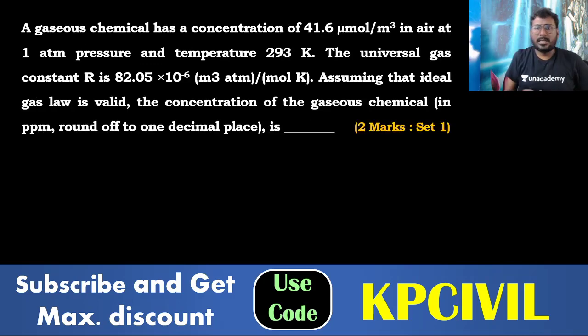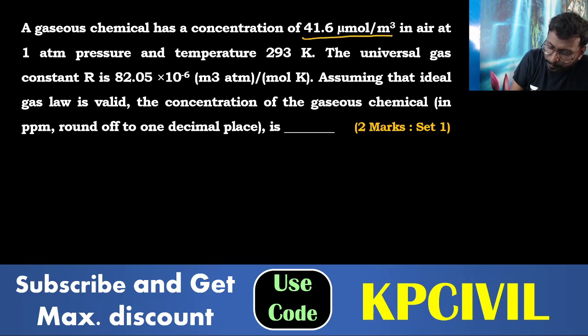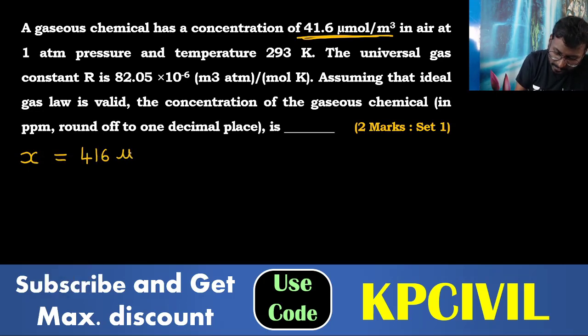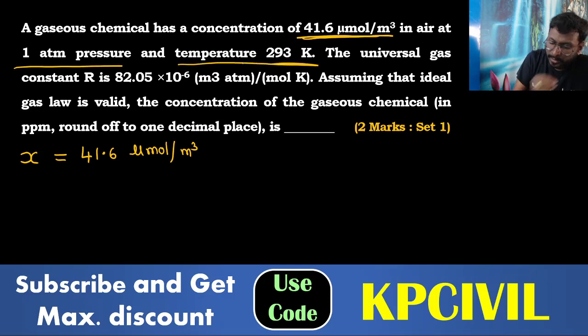A gaseous chemical has a concentration of 41.6 micromole per meter cube. Air pollution question. The chemical name is not given, so take it as X: 41.6 micromole per meter cube in air at 1 atmospheric pressure, 293 Kelvin.